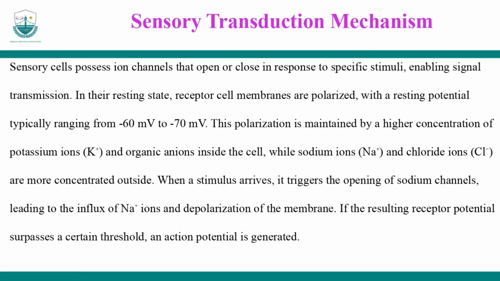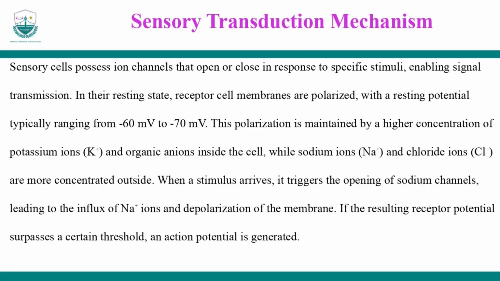These ion channels allow it to have a resting potential of negative 60 to negative 70 millivolts. So this means that the inside of these sensory receptors is always negative inside and positive outside when it is not conducting any impulse. And that is why we call it the resting potential.